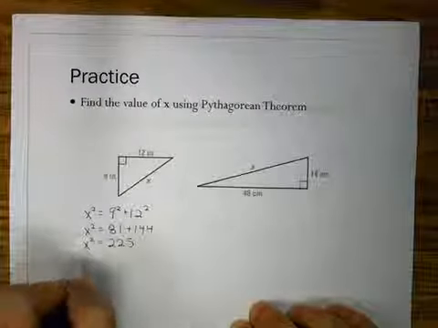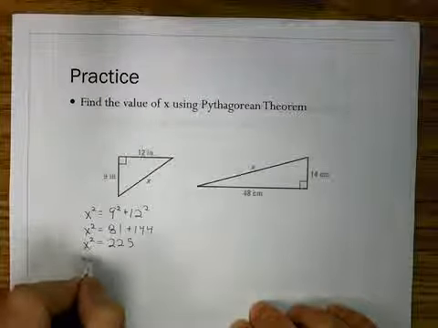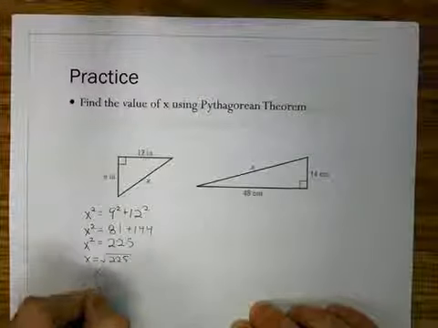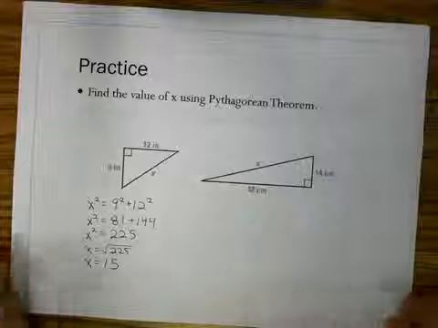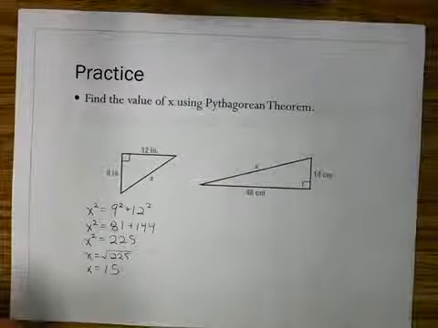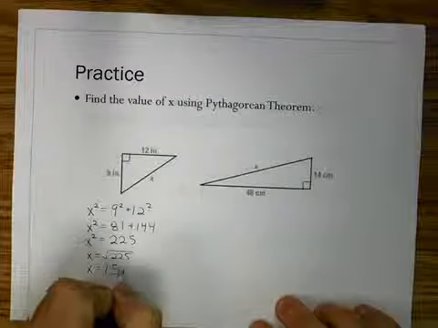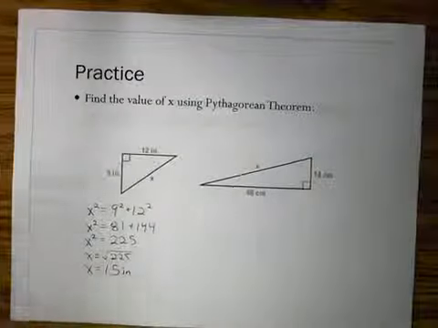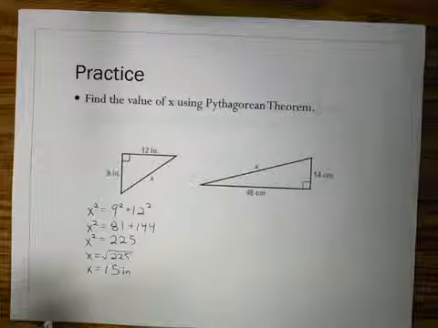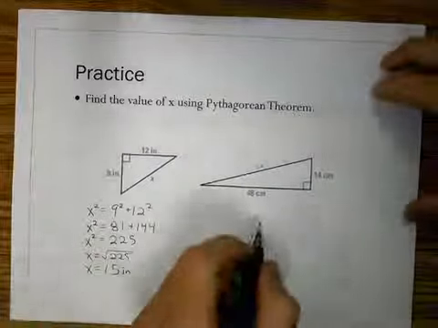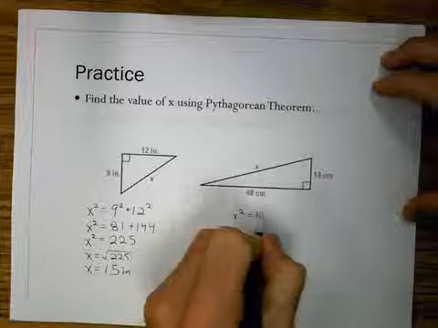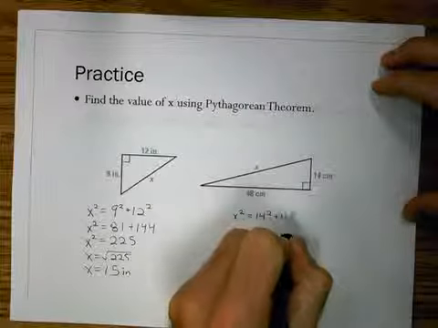The square root of both of those, the square root of 225, well, 225 happens to be a perfect square. It is 15. So the length of my hypotenuse is 15. We'll call it 15 inches because that fits the units we have. It is the longest side, so we're good. Next one, we have x squared, hypotenuse again, equals 14 squared plus 48 squared.